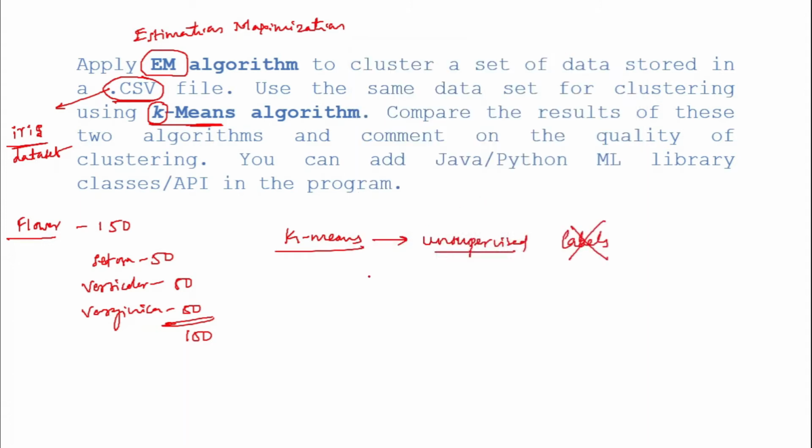Now moving to the next, and this is estimation maximization algorithm, and here we have 2 steps. One is the estimation, second one is maximization. Estimating means randomly taking the mean.